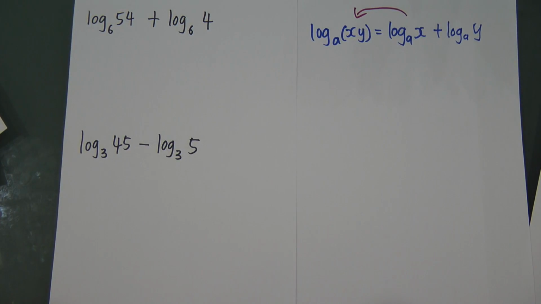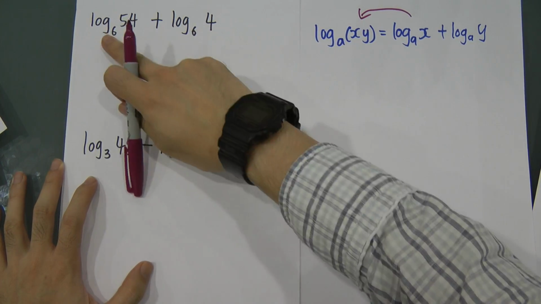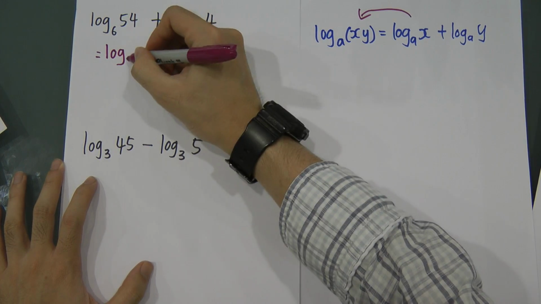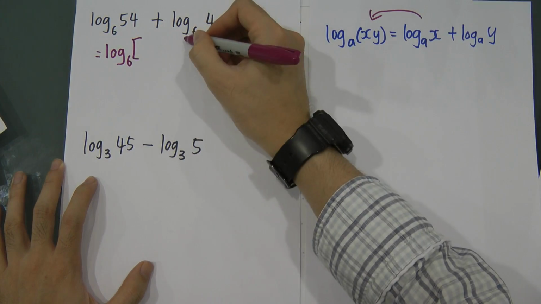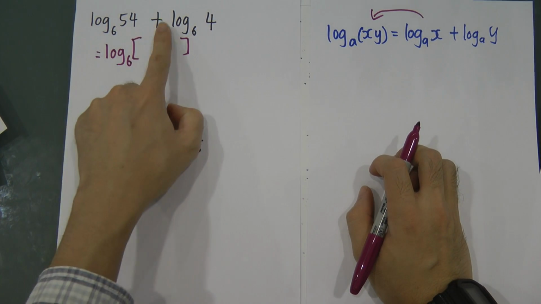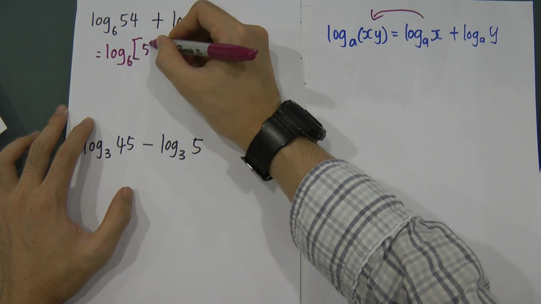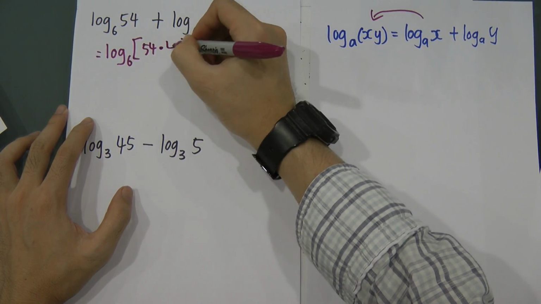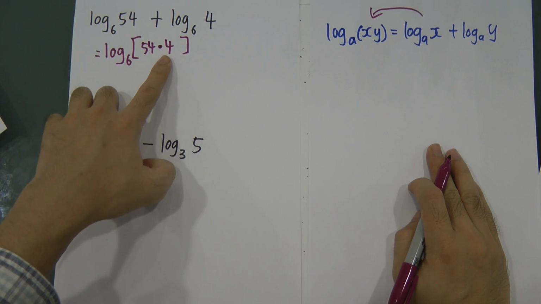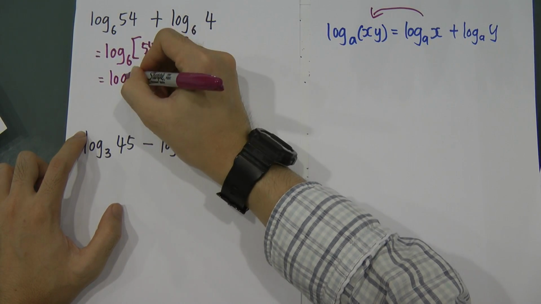So what will happen is, we call it factorize out log 6 from both sides. So if I factorize out both sides, log 6 I take out from both sides. So when the middle is plus, they will become multiply. 54 multiplied by 4, we will get 216 if not mistaken.